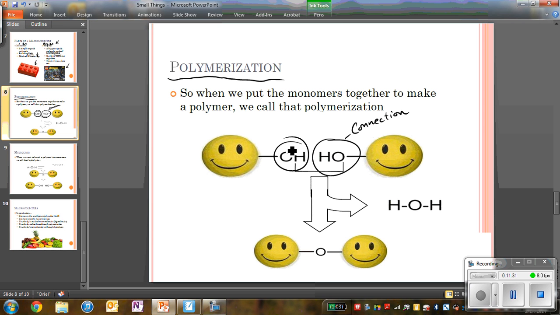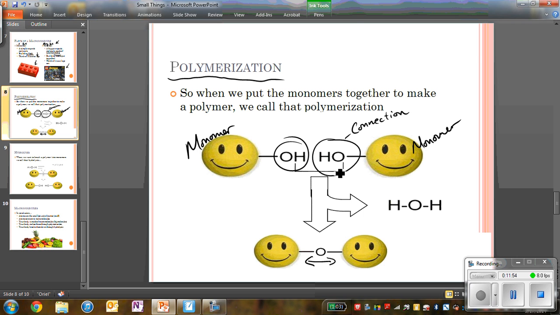Here's one here. And as these monomers come together, so here's one monomer, and here's another monomer, a building block, right? As they come together, these connection points have to break off so the two smiley faces can connect, just like this. How are they going to connect?